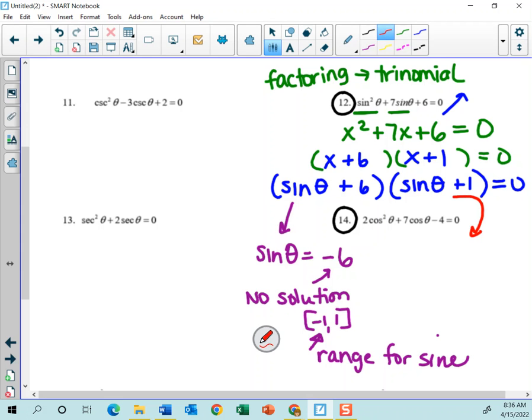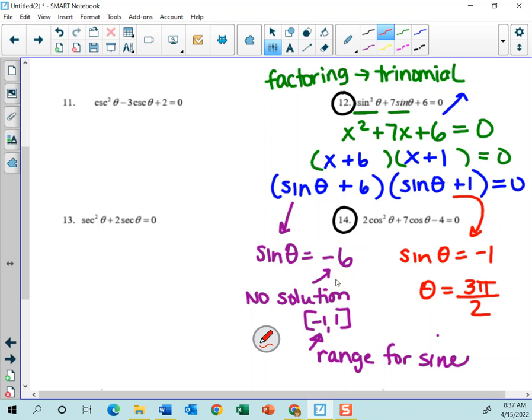The other factor, which would be that basically the sine would equal -1, okay, I got that. That's a quadrantal. That's right on the edge of my range. That's another one I feel like we do a lot. And so that's the only solution we're going to get. When you do a problem like this for me, I'm going to look for your factoring.